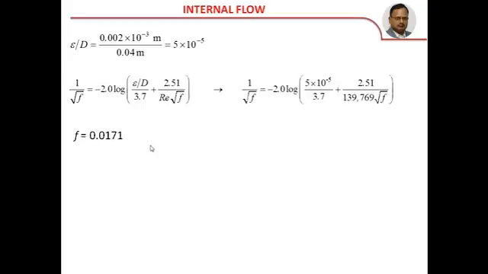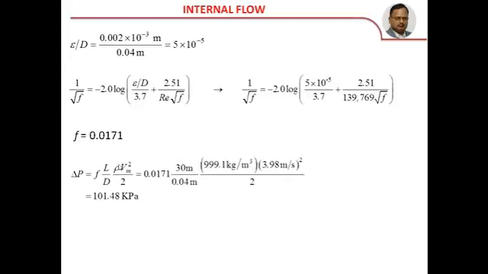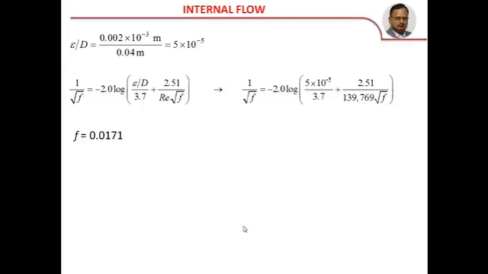And for turbulent flow, the pipe roughness is needed. It is stainless steel. So assuming 0.002 times 10 power minus 3 as the roughness, with epsilon by d, we use the equation 1 by root f minus 2 log epsilon by d by 3.7 and so on.